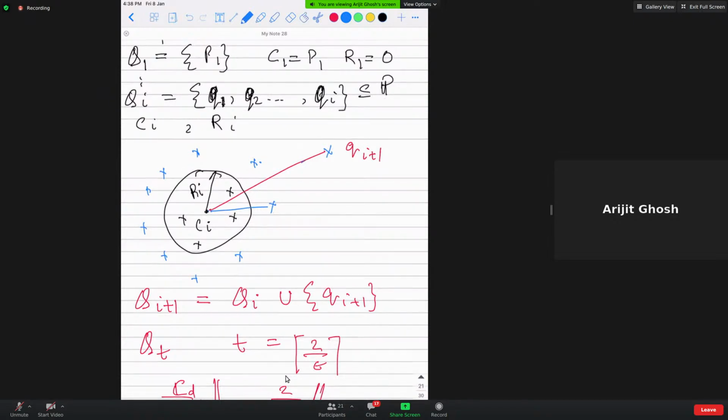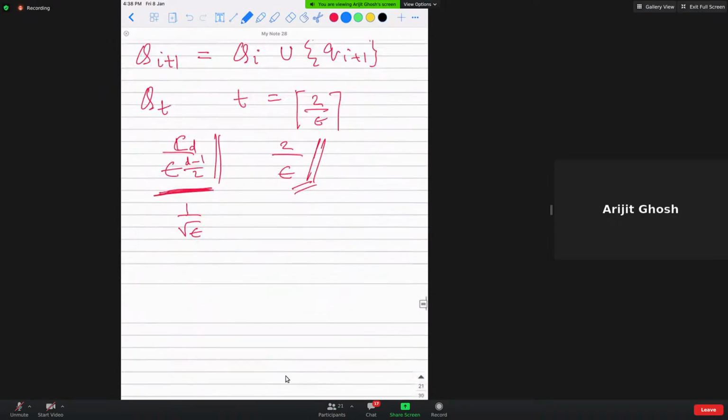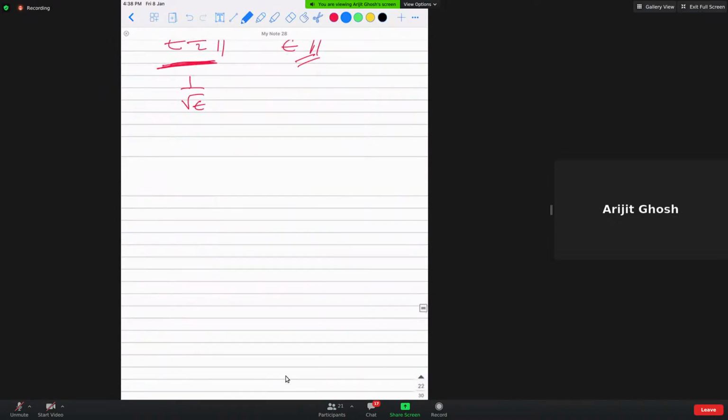You start with some arbitrary center. The goal is to calculate the center. So you have this set of points.